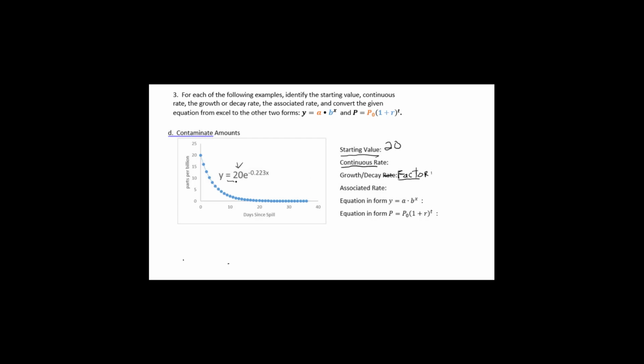This is the continuous function. There is the continuous rate, negative 0.223. 0.223 over 1 is the same thing as 22.3%. And it's a decrease, so it's decreasing by 22.3%.